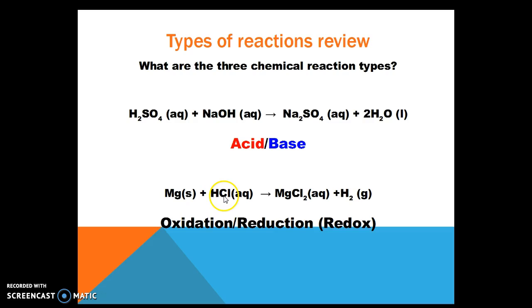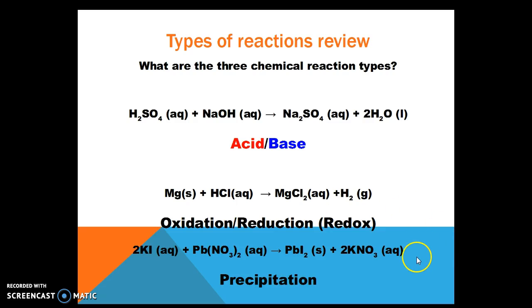Magnesium reacting with hydrochloric acid to form magnesium chloride and hydrogen gas is an oxidation-reduction or redox reaction because the magnesium changes its oxidation state from a simple zero-charge element to a +2 ion.